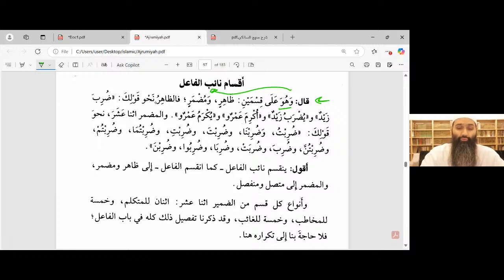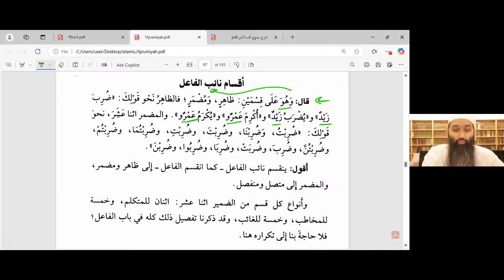For zahir, for example, you say duriba zaydun, يضرب زيد, أكرم عمرو, يكرم عمرو. Clear. We don't need to go into the details, we've just done two or three i'rabs, so it should be clear how to do the i'rab of that.